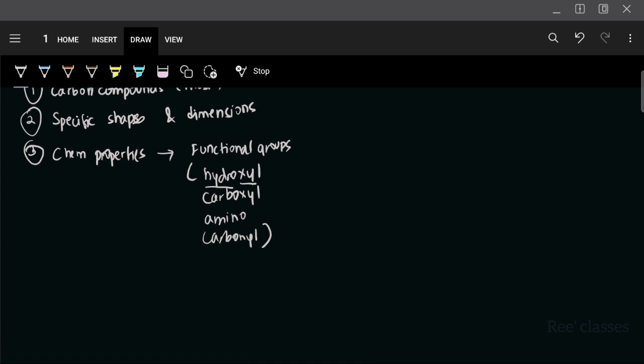It's actually pretty simple. So, hydroxyl is OH group, right? Oxy and hydro. Carboxyl is COOH. Amino is NH2, and carbonyl is a C double bond oxygen. Okay.